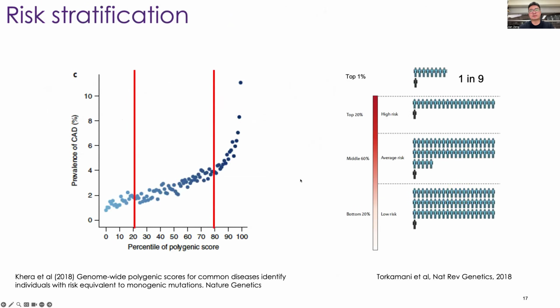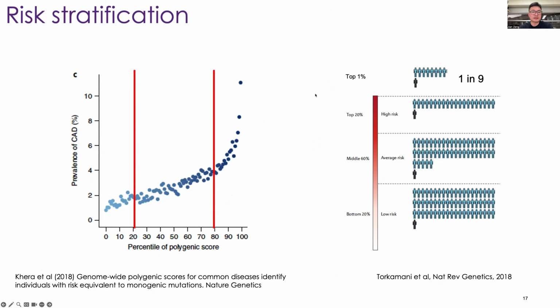Another common way to present the results is to look at the risk stratification. You can stratify the samples based on the percentile of the polygenic score and look at the proportion of cases in each percentile of PRS. For example, in this landmark paper, Khera et al., they found that for coronary artery disease, if you look at the top 1% of individuals in the PRS distribution, 1 in every 9 would actually be a case.